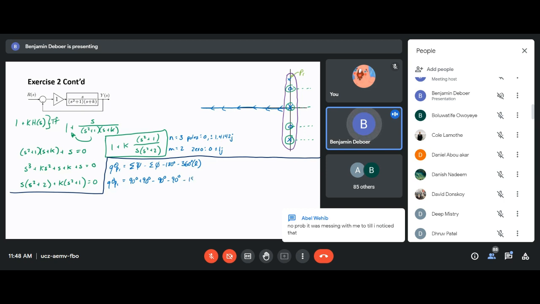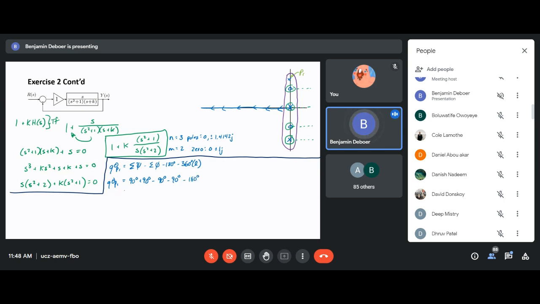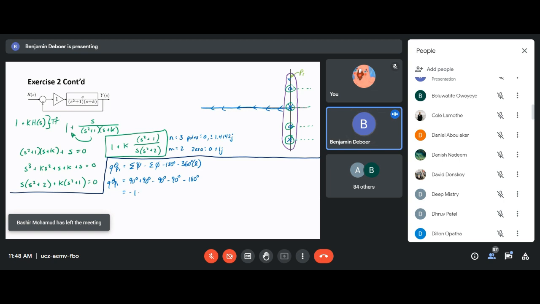Then we have a minus 180 degrees. And so the result of this is actually just negative 180 degrees. So we know that this pole is going to have a loci that departs in this direction. We can look at the same thing in terms of zeros to figure out what their angle of arrival is. So it's a very similar method to what we have done before.